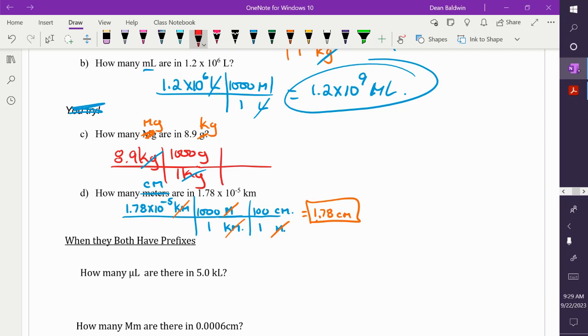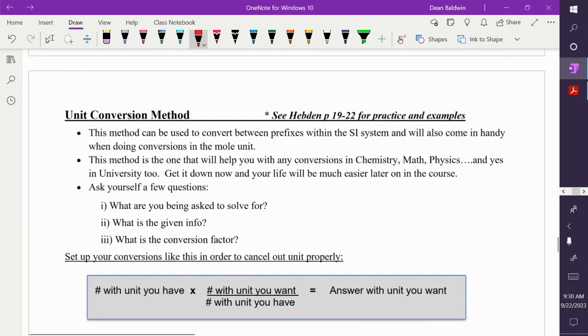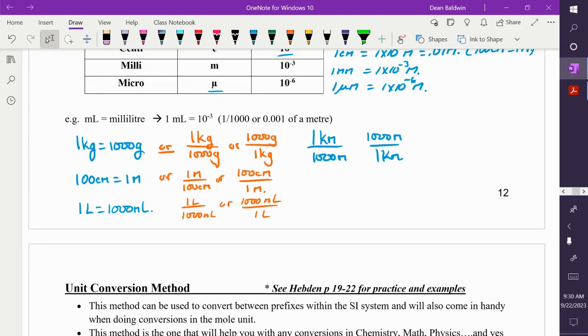So I need something with grams there and milligrams there. What's the conversion? 1,000 milligrams is a gram. So if we go back, do I have this down here somewhere? I do not. Let's write that one down too. 1,000 milligrams is 1 gram, or 1 gram is 1,000 milligrams.